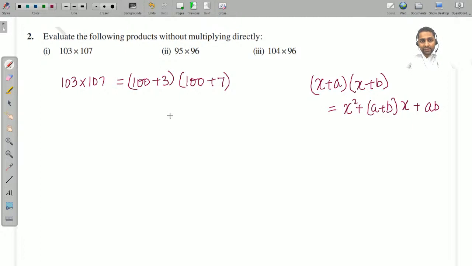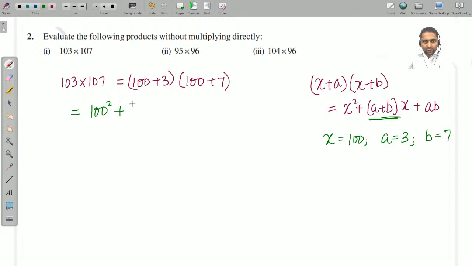Now what is x in this question? x equals 100, a equals 3 and b equals 7. So your answer will be x square, that means 100 square, plus, just follow the identity, a plus b means 3 plus 7 times x, 100, plus a times b, that means 3 times 7.